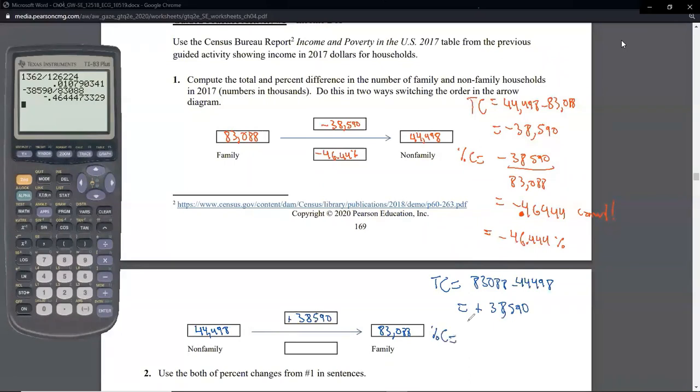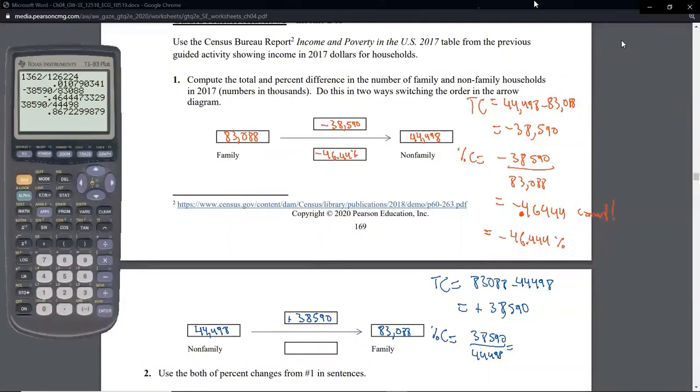Then the percent change, we take the total change and we divide it by the original. So the 38,590 divided by the 44,498. 38,590 divided by 44,498.